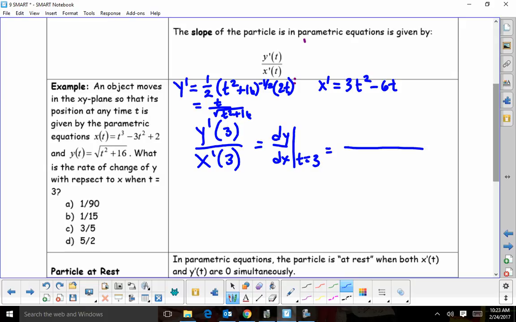y prime of 3 would be 3 over the square root of 25. Am I going too fast?